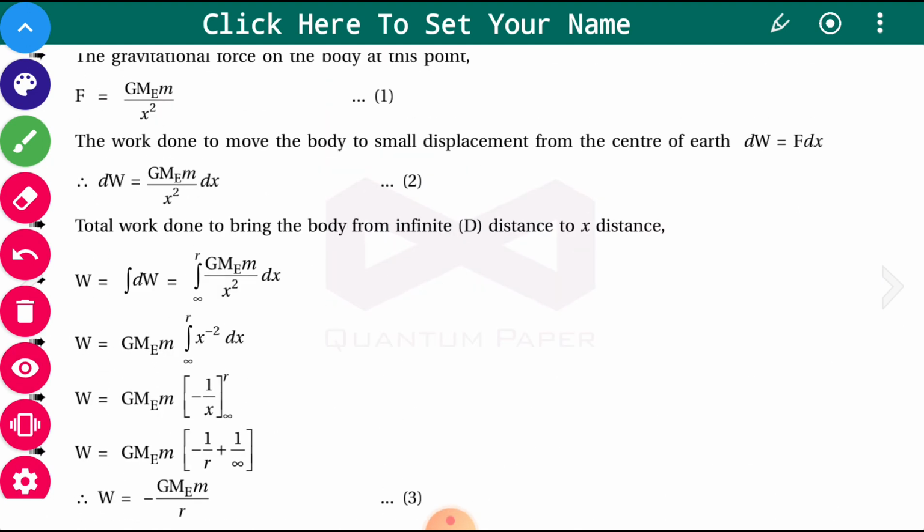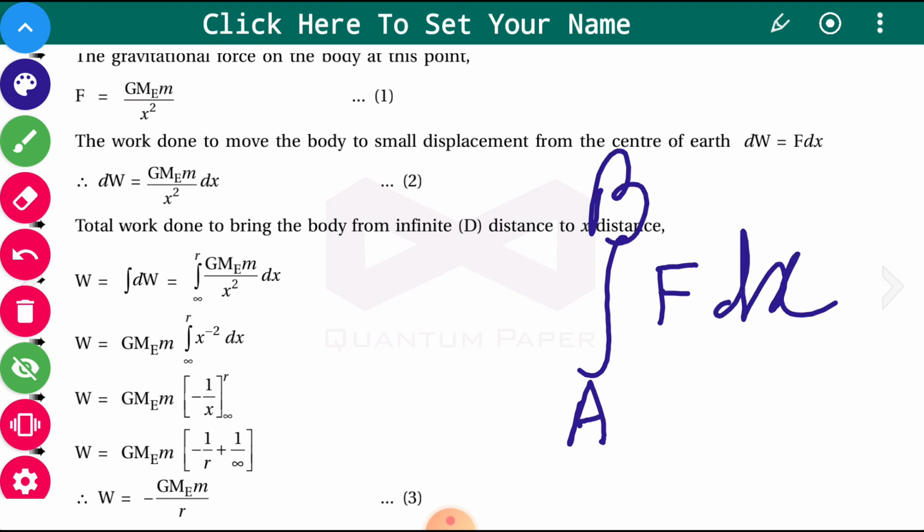Okay. Now total work done to bring the object from infinity. So when you want to find the total work done from point A to point B, then it is integration from A to B of F dx.